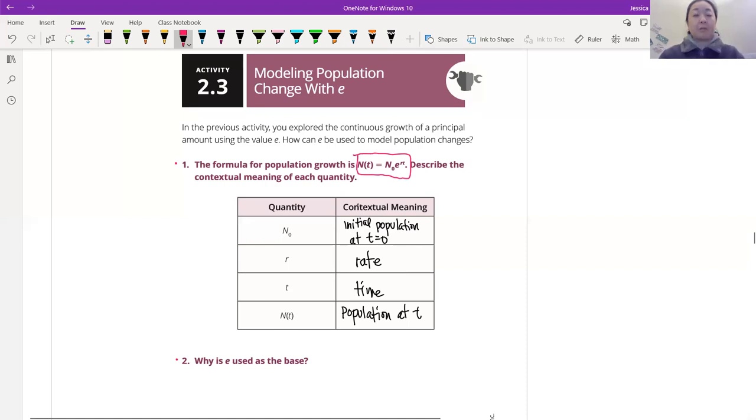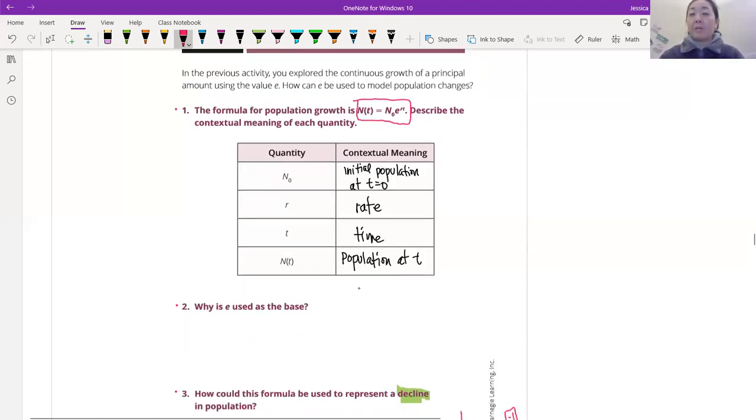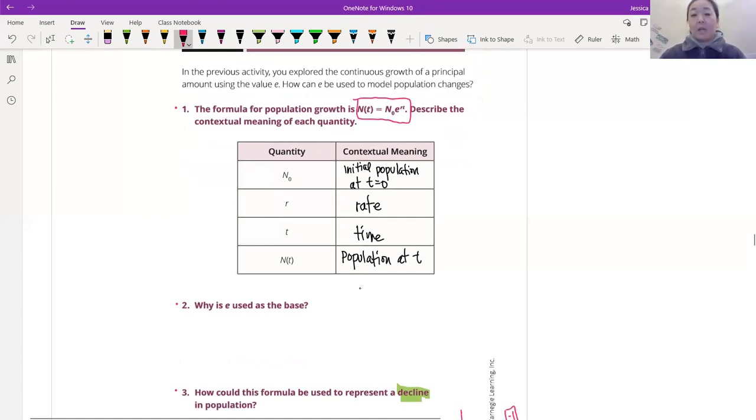Then you have your rate, which is what we've been talking about, same with your time. And N of t is going to be our population at whatever time we're looking for. That's our predicted population. So this is how people can predict, oh, in 2030 we're going to have this many people if our growth rate continues, even with the Earth's population, which has that exponential growth going on.